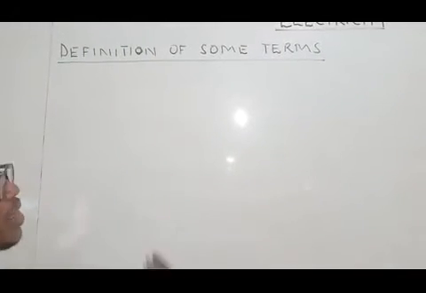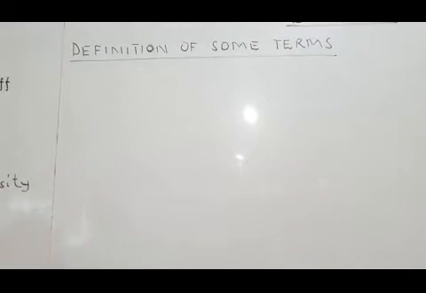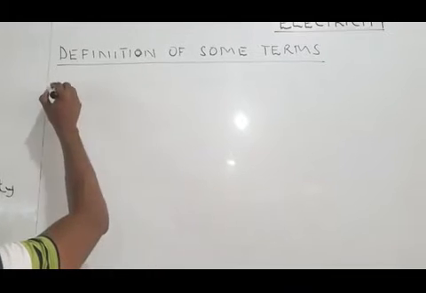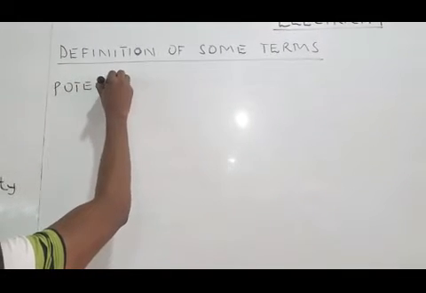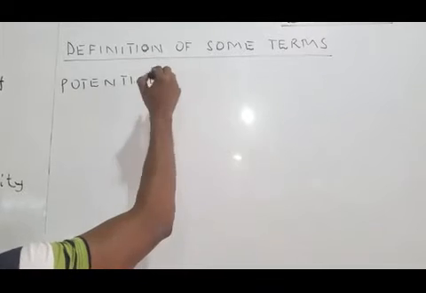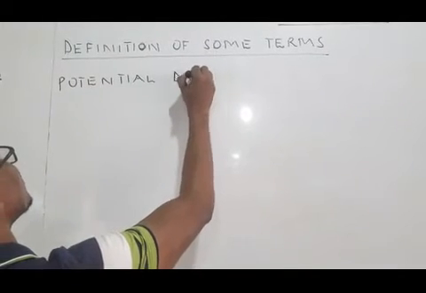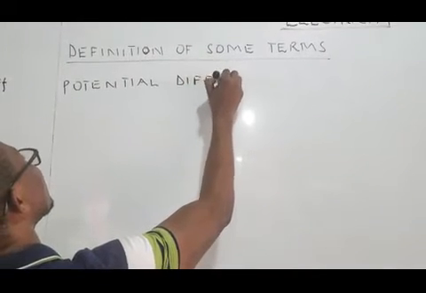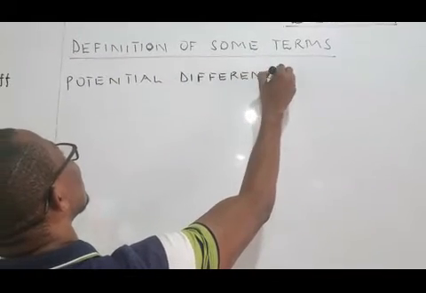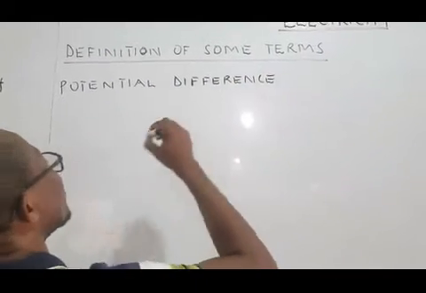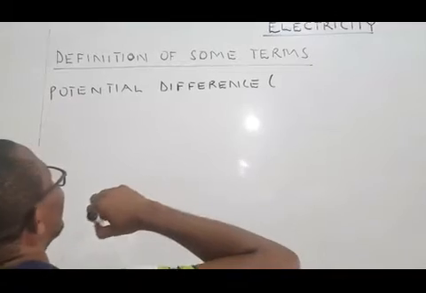The first term we're going to look at is what we call potential difference, which is shortened as PD.